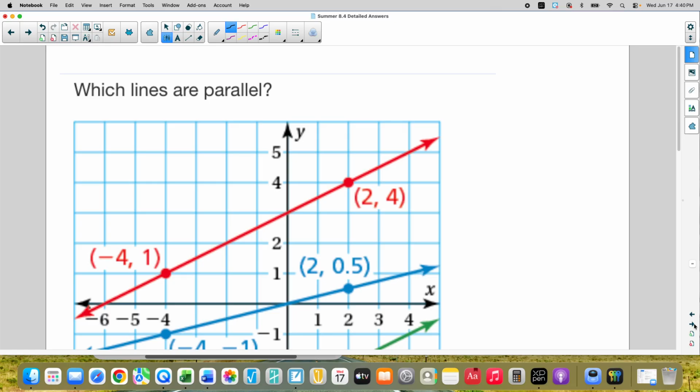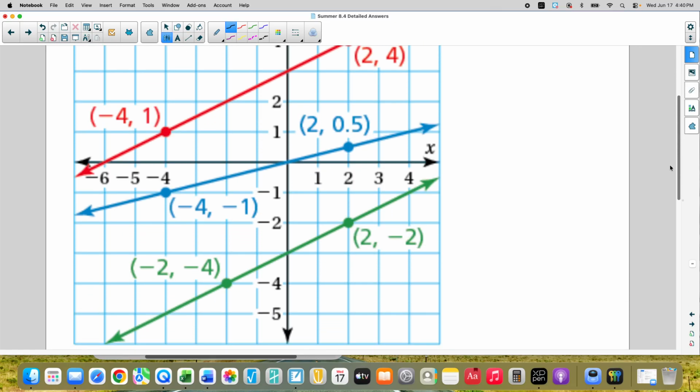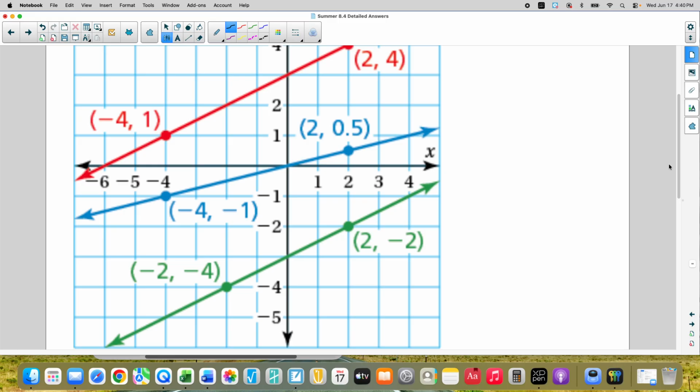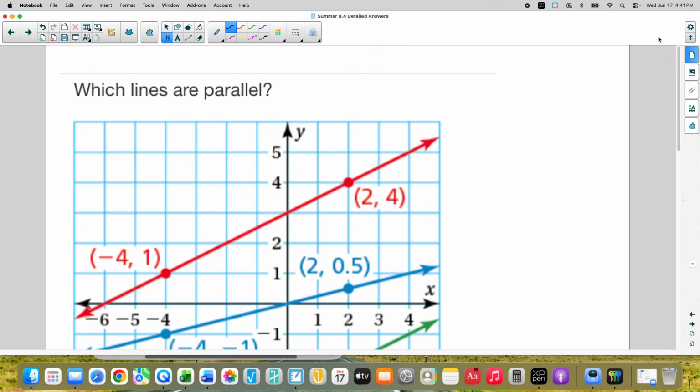All right, which lines are parallel? Not which lines look parallel, but which lines are parallel. So when we have to find parallel lines, we know something. Parallel lines have equal slopes.